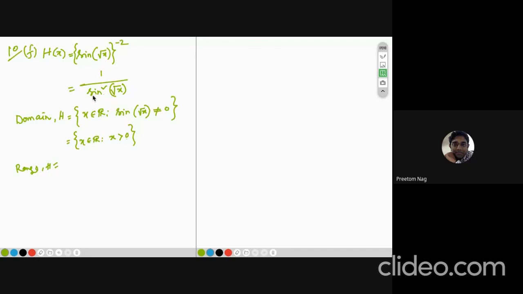If sine square root of x is approximately 0, not exactly 0, then h of x goes to infinity. If sine square root of x has its maximum value 1, then h of x is equal to 1.